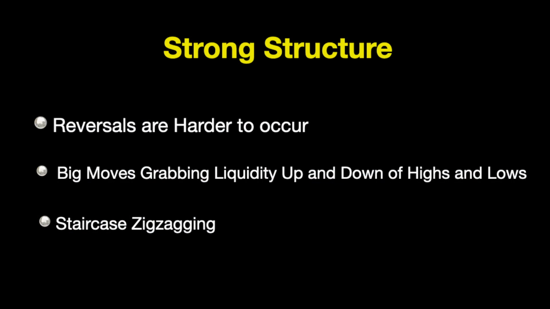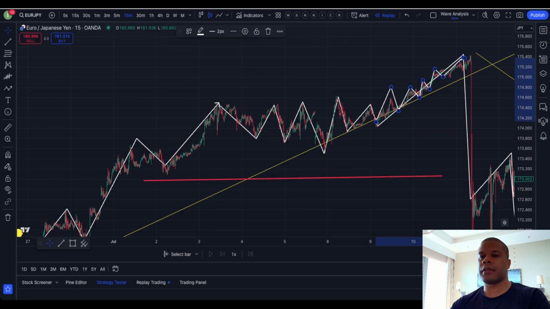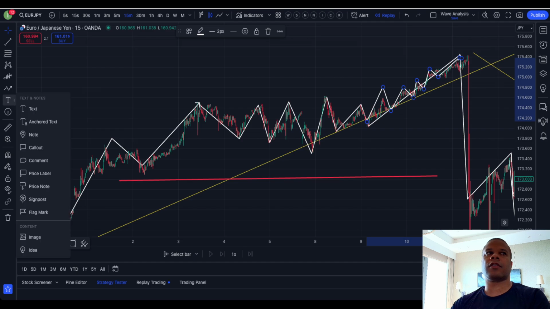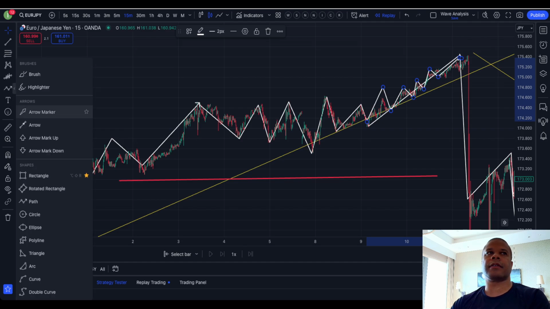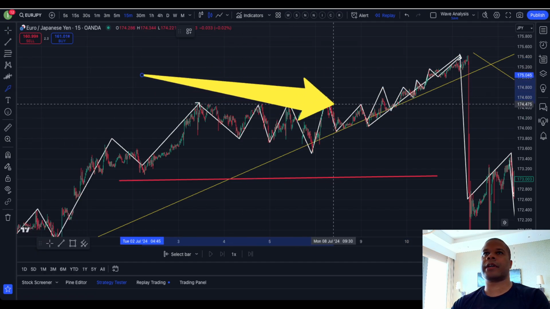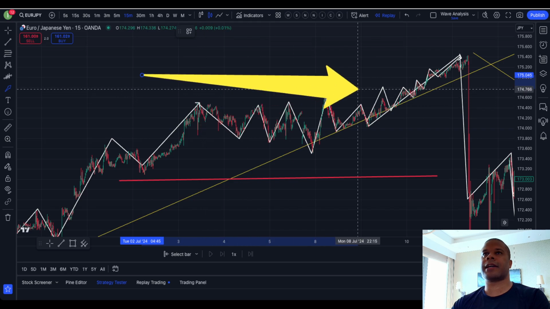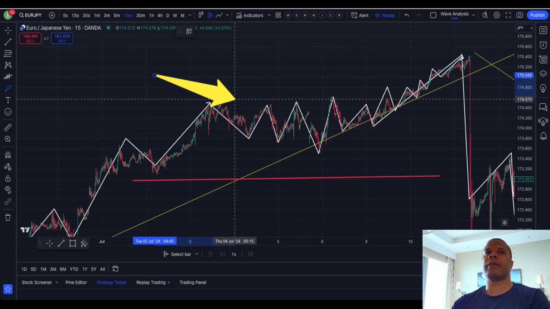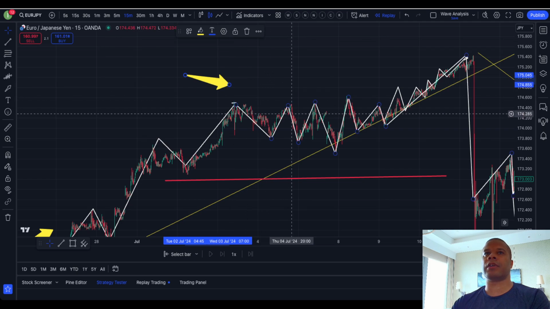So that's strong structure. And then what happened on the top? You saw on the top of this chart up here, structure started to change. Structure started to get weak around here. You see the staircase started to leave. You didn't see really any big grabs of liquidity when it came to those big equal highs and lows.